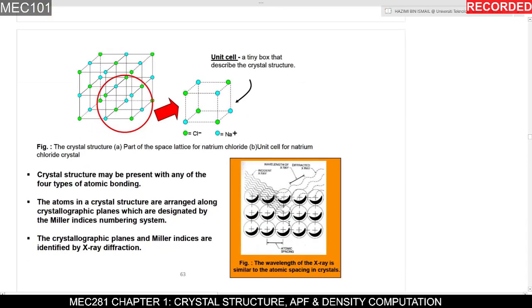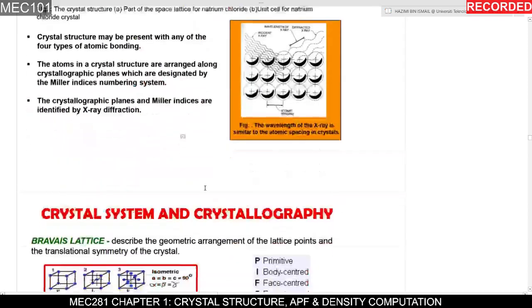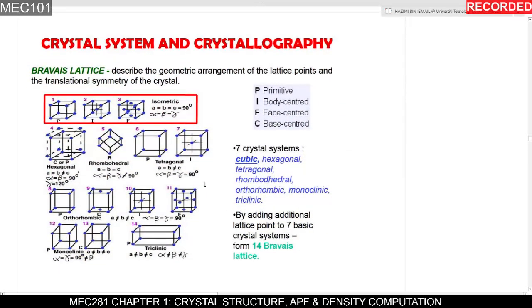Okay, so you can try to understand these diagrams. So let's go to the Bravais lattice. Okay, this is the crystallography based on the geometric diagram.